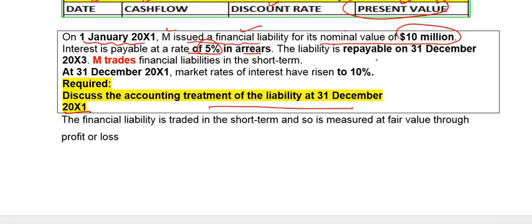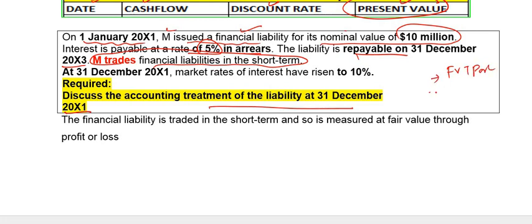Now the liability is repayable, so you have to pay this liability on 31st December 2003. Now M traded the financial liability in the short term. When the financial liability is traded in the short term, then you should measure it at fair value through profit or loss.